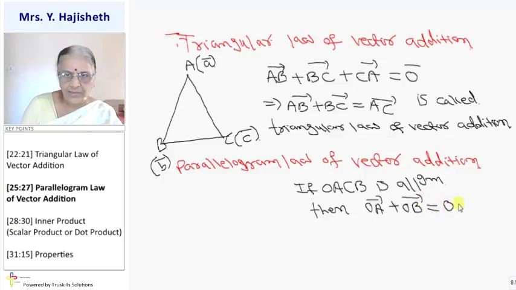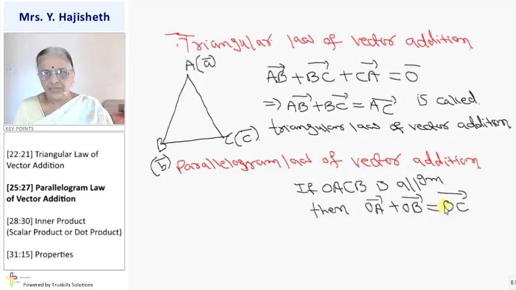Addition of these two vectors is a diagonal starting from the same initial point. OA plus OB is OC.